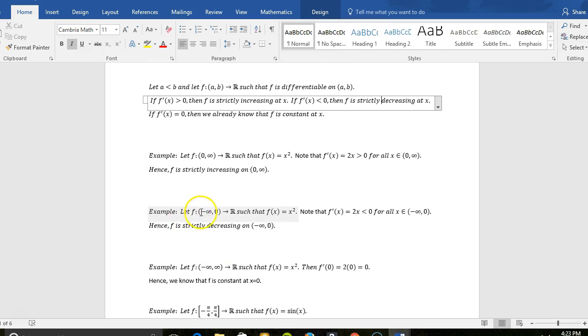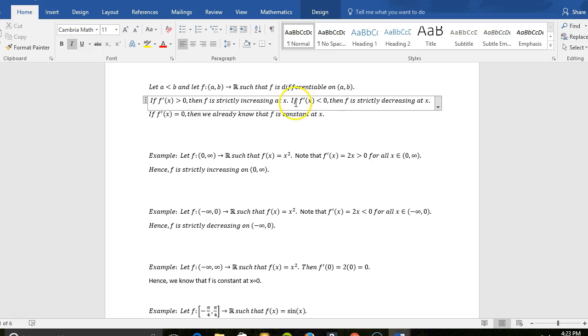Now let f be the function from negative infinity to 0 into R such that f of x equals x squared. Note that f prime of x equals 2x, which is less than 0 for all x in negative infinity to 0. Because if x is in the negatives, then 2x is going to be a negative number, and by a similar comment for decreasing, f is strictly decreasing.